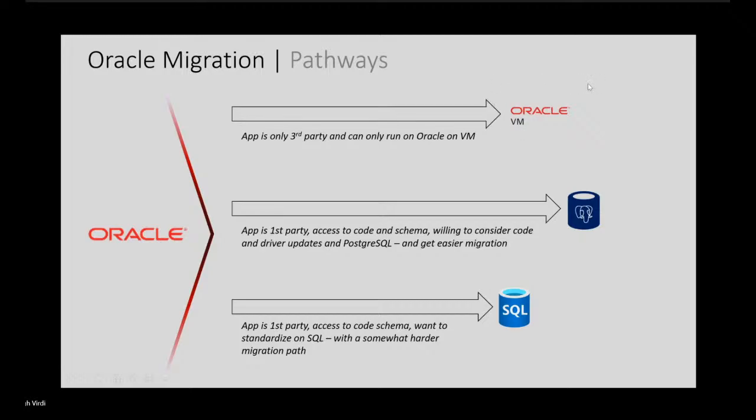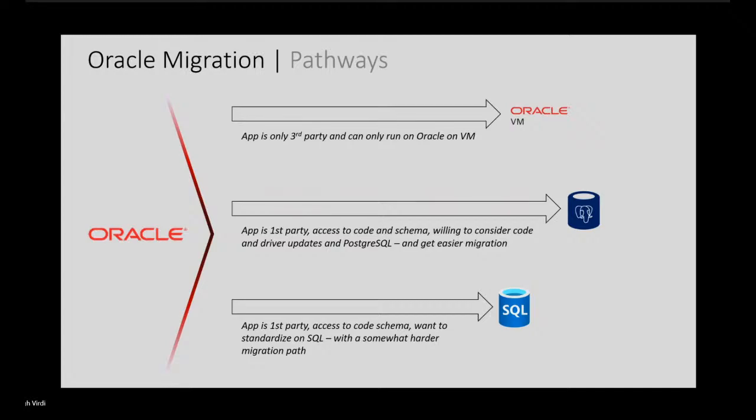We have seen a lot of people take this route, where they first migrate from on-prem to Azure running on Azure VMs, and after it has stabilized, they look at migrating to other managed databases, right? Why they choose to do this is that most of the time people think migrating out of Oracle is a very complex task.